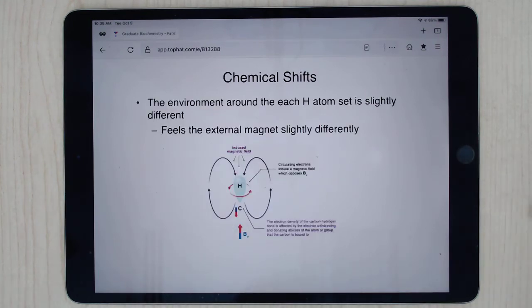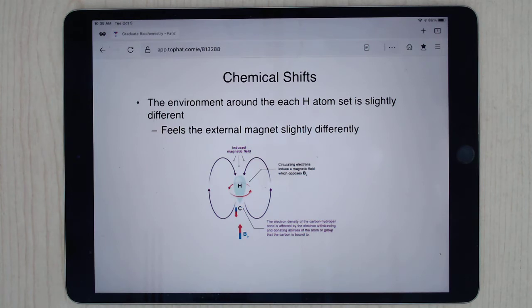And so remember, we have this external magnetic field. Your molecule is definitely feeling that, but it's also feeling the little tiny magnets in the neighboring nuclei. So if you have a house in a really nice little subdivision, that gives you a property value for your house.